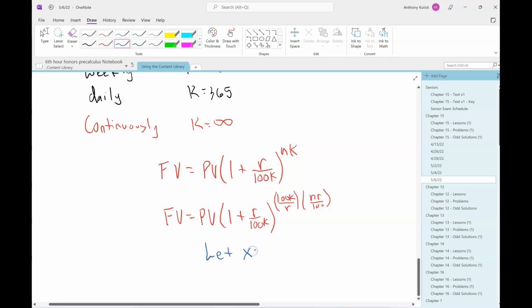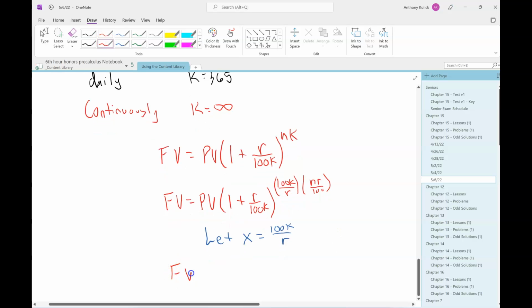I'm going to make a substitution. I'm going to replace 100K over R with X. So if 100K over R is equal to X, what's R over 100K equal to? What was that? 1 over X. Yeah, that's right.